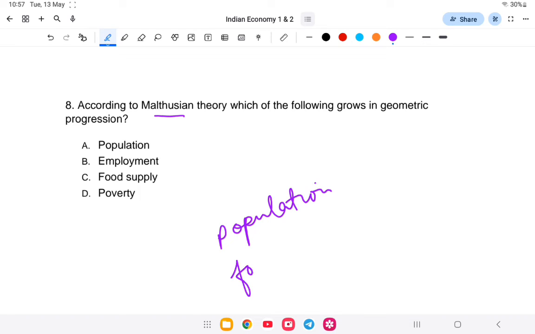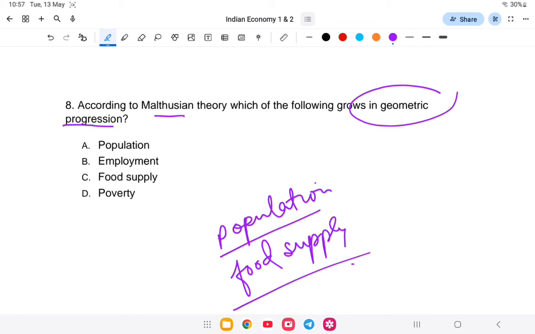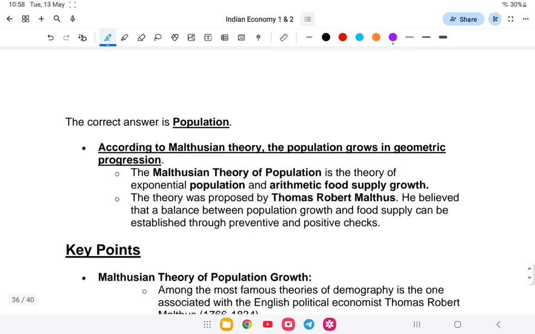So population grows in geometric progression. It is option number A, that is population. Let us study in detail about this.